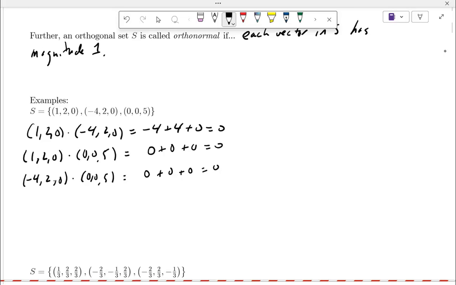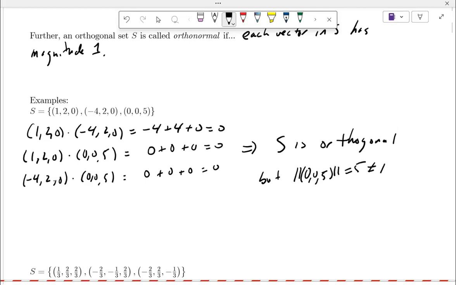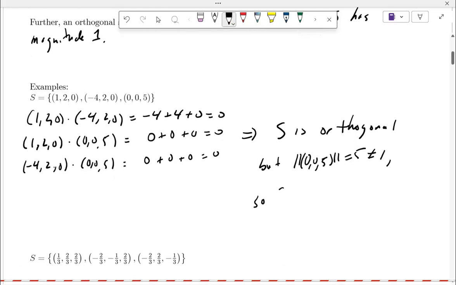All of those pairwise dot products gave us 0. So S is orthogonal, but the magnitude of that particular vector is not 1. So S is not orthonormal.